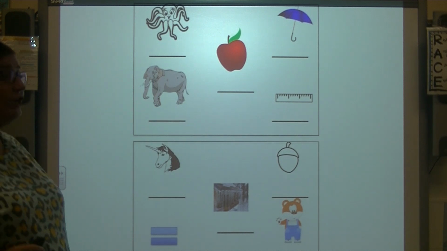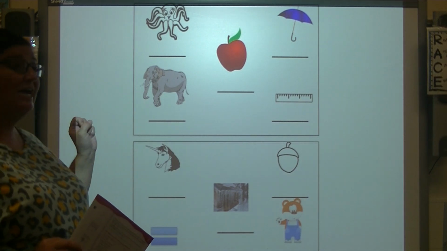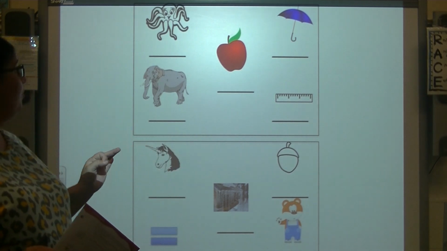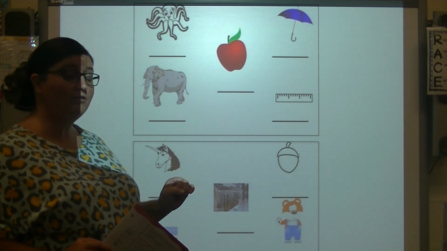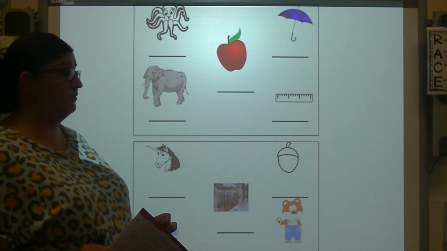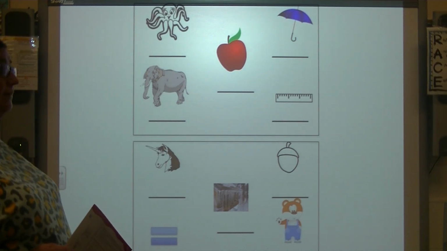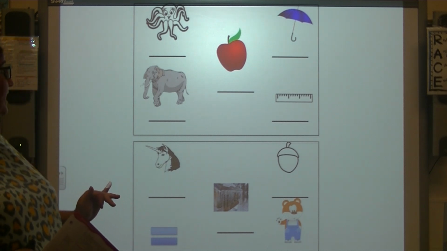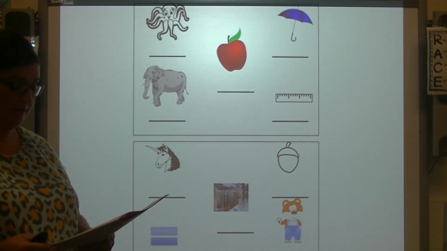Let's see if you can write your letters, your vowels, A, E, I, O, and U. I want you to write the uppercase or tall vowels and the lowercase or little vowels. Write them both 1 through 10. Pause the video, and then when you're ready to check, press play and we will check your answers.